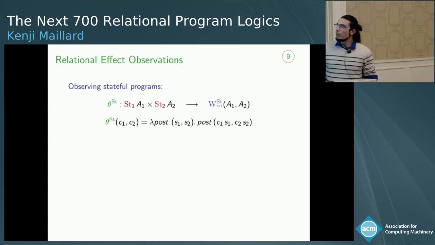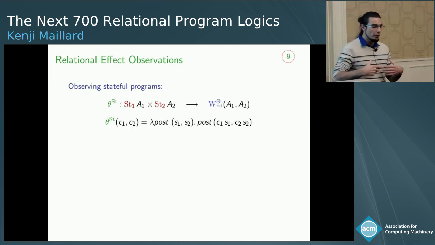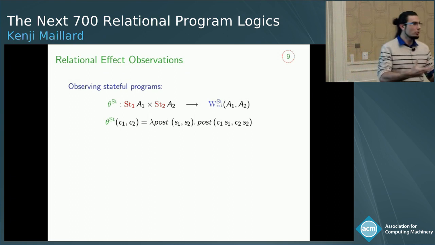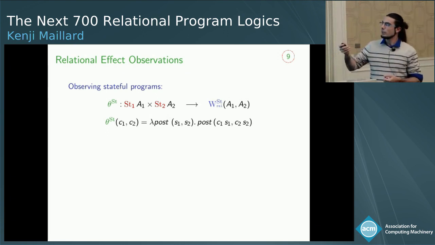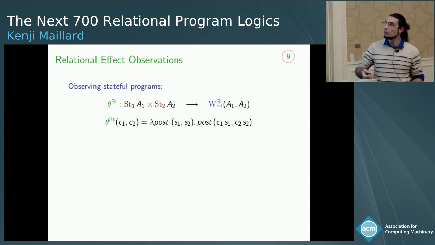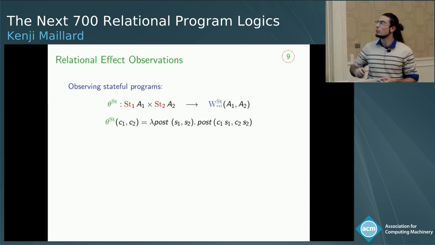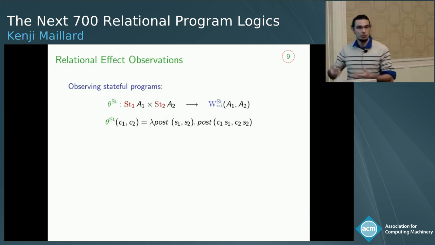In a similar way, we have the way to explain computation as relational specification, which is a function that takes two computations, for example, here, two state computations, and provides a predicate transformer for state in this particular case.